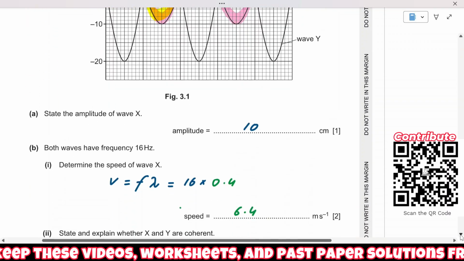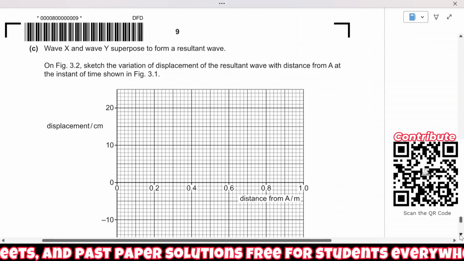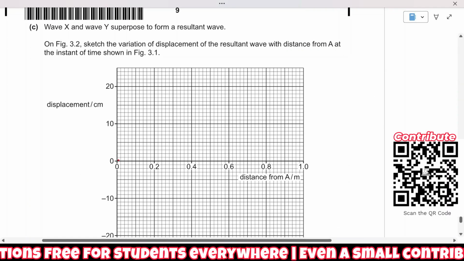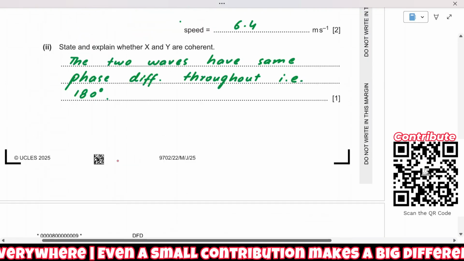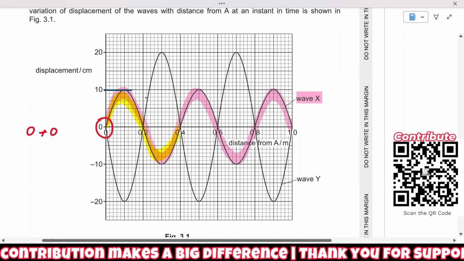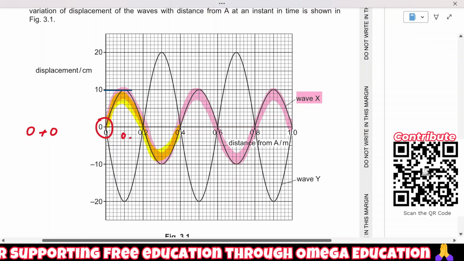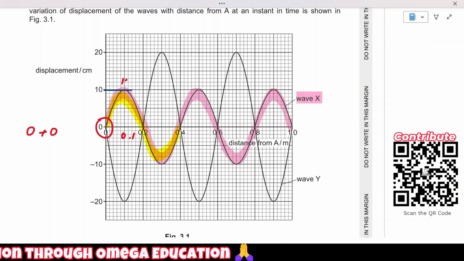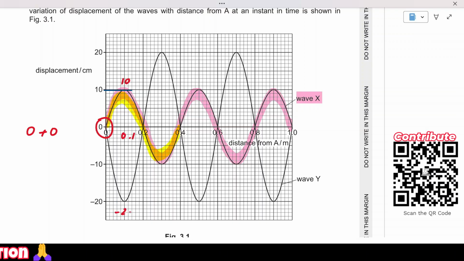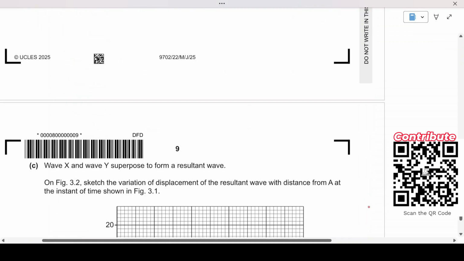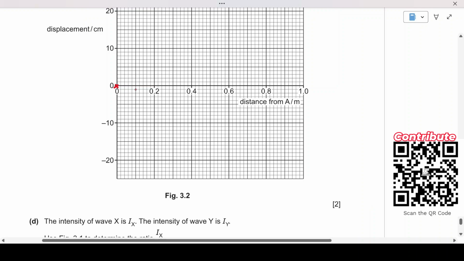So the displacement of the resultant wave would also be 0. So this is the starting point. And at 0.1, amplitude of first one is 10, of second one is minus 20. So the resultant would be 10 plus minus 20, which is minus 10. So over here, the displacement is minus 10.